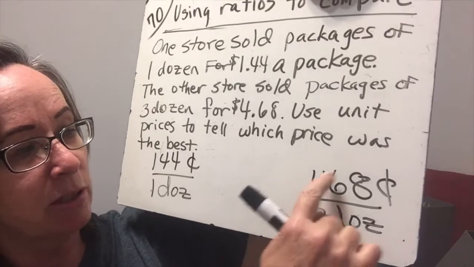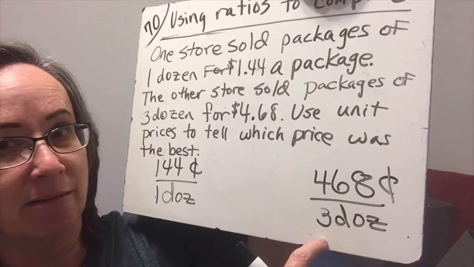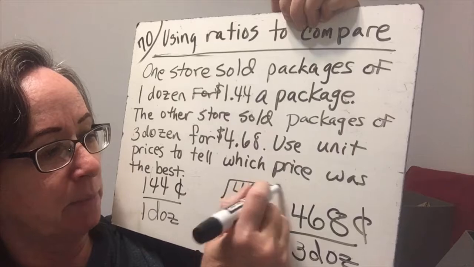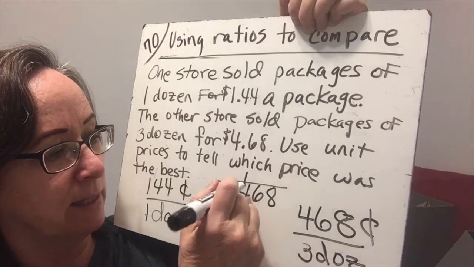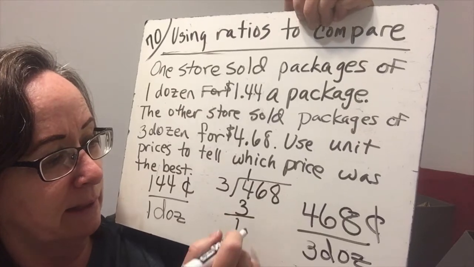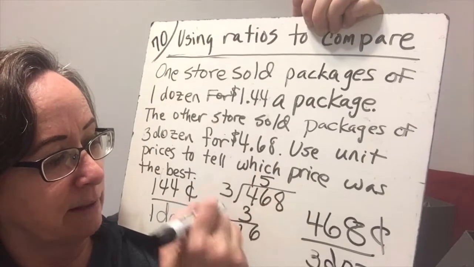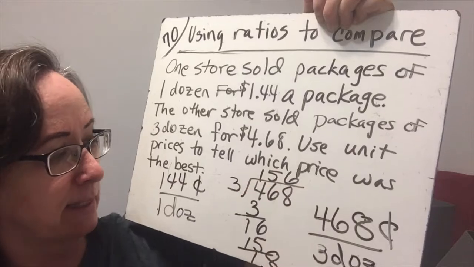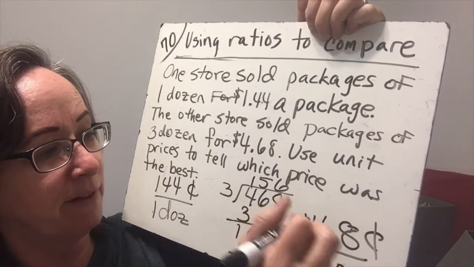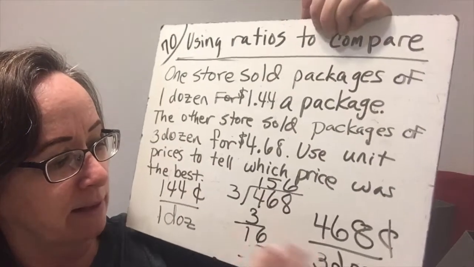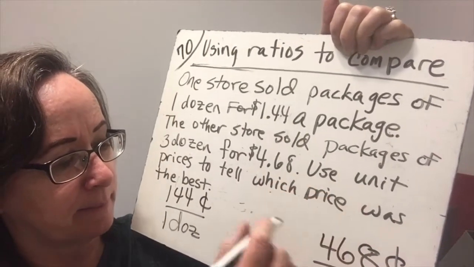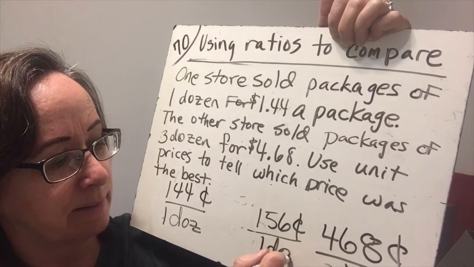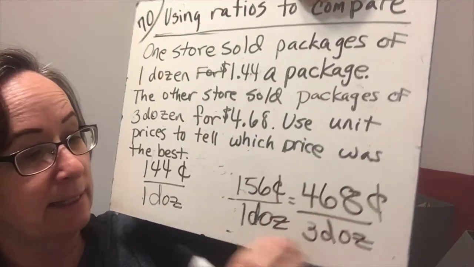I'm just going to divide 468 by 3 to get 1 dozen on the bottom. 468 divided by 3: 3 goes into 4 one time, 3, 1, 6, 5, 15, 1, 8. 3 into 18 is 6. So this one is 156 for 1 dozen.